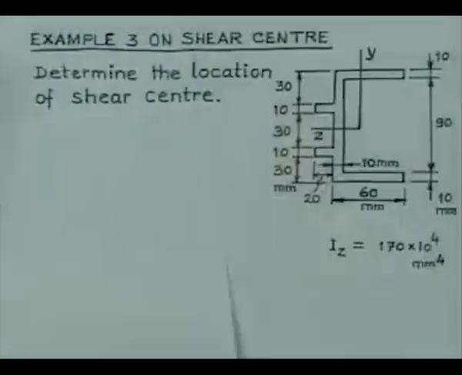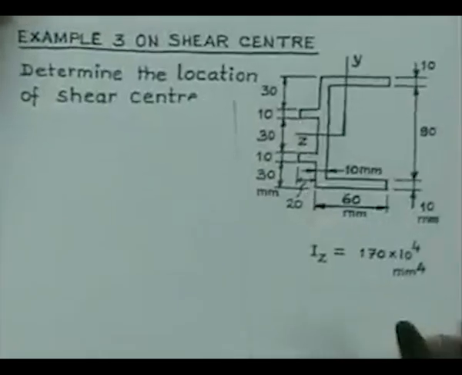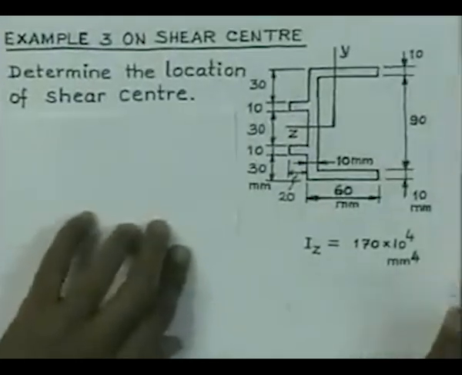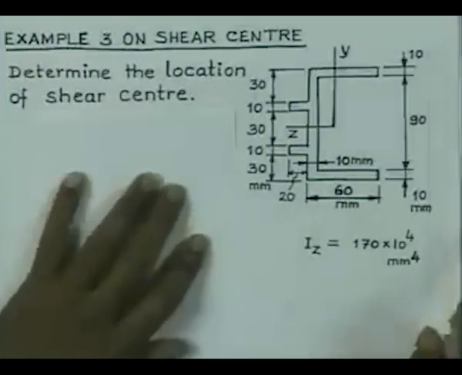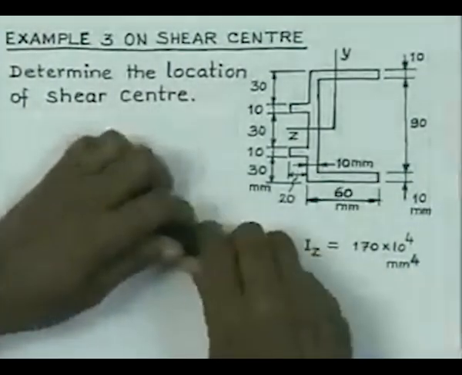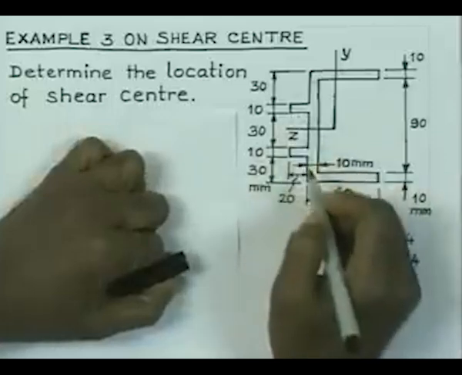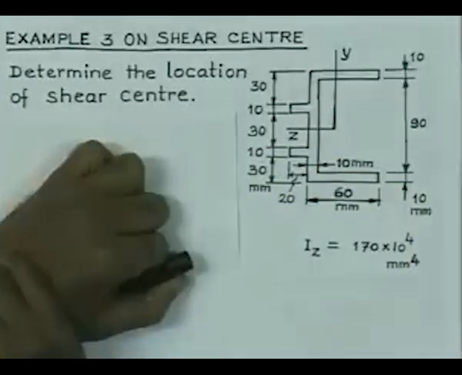Now, I will try to consider one more example, and I will show you that the calculation can be done in a little simpler fashion. So, let us consider this example. It is a section which is like C, but then we have some flanges also on the other side.